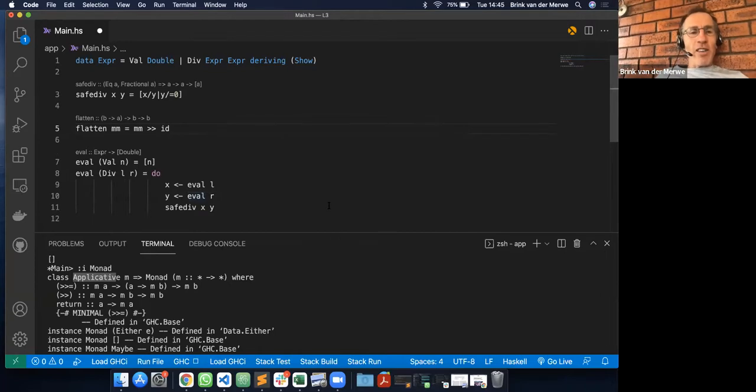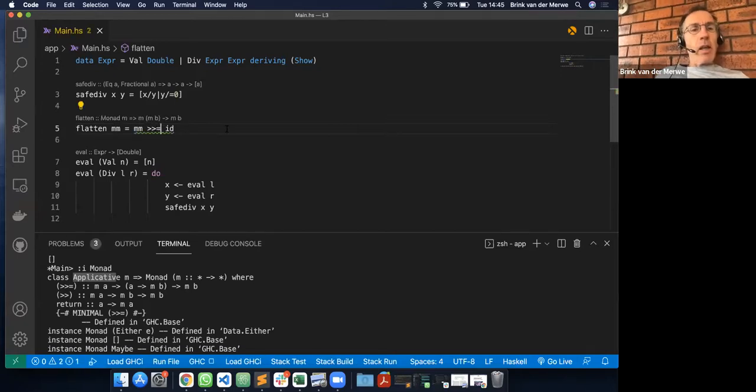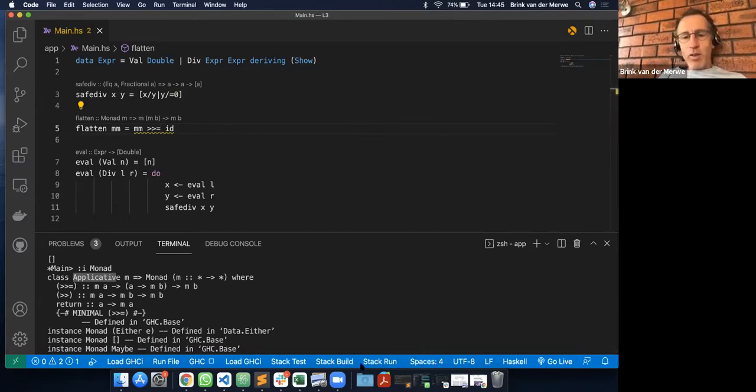I just need to put the, yeah, there we go. Now the type signature looks okay. Anyone willing to guess what flatten is doing? Anyone brave enough to say in the chat something about flatten?